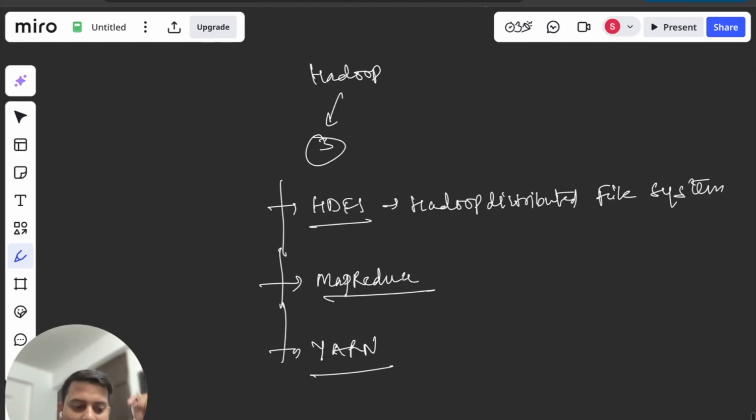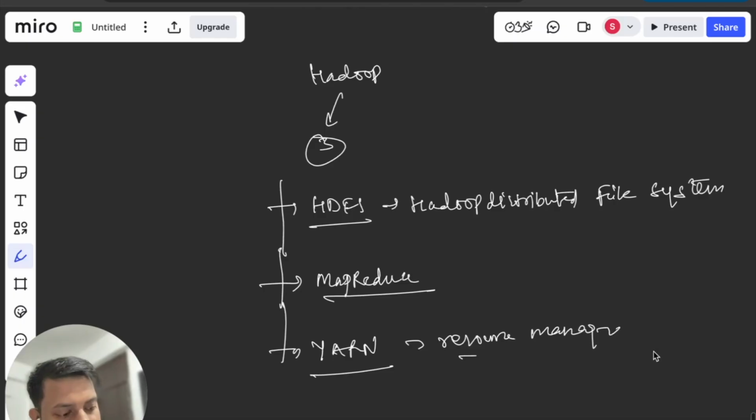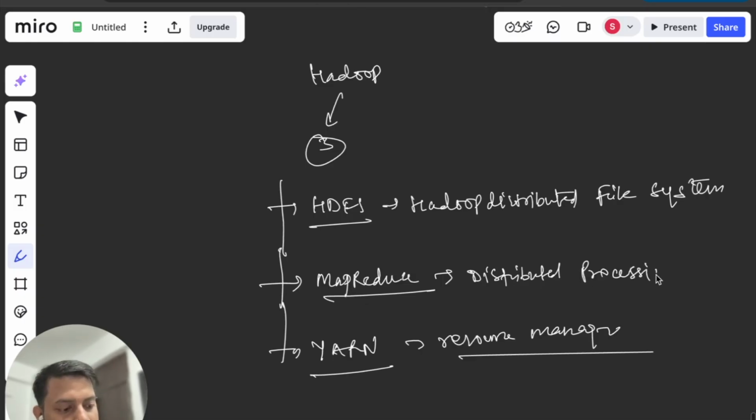And MapReduce is distributed processing. Yes, these are the core components of Hadoop.